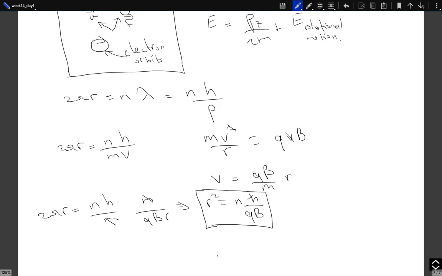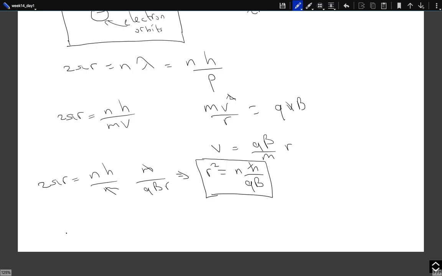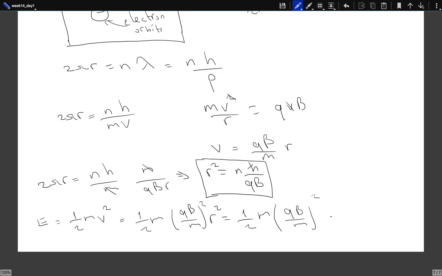of my system. Now, what is the energy of this system? Let's see, 1 over 2 mv squared, the kinetic energy. This is equal to 1 over 2 m times qB over m squared times r squared, which is 1 over 2 m times qB over m squared, and r squared is nħ over qB.